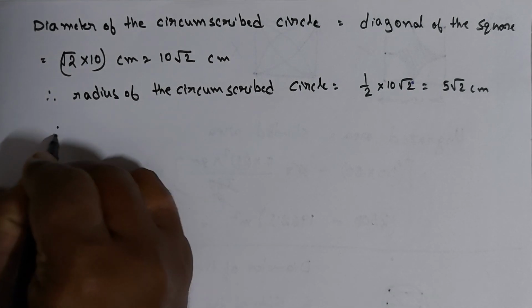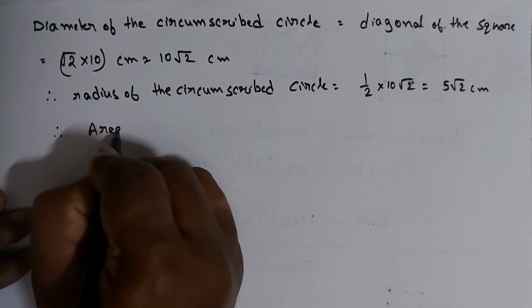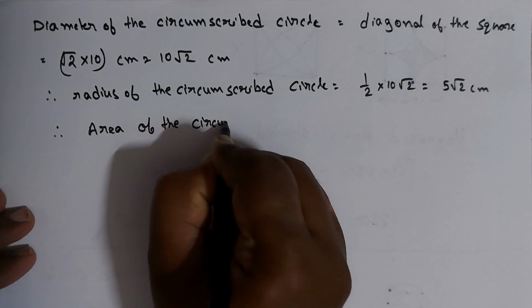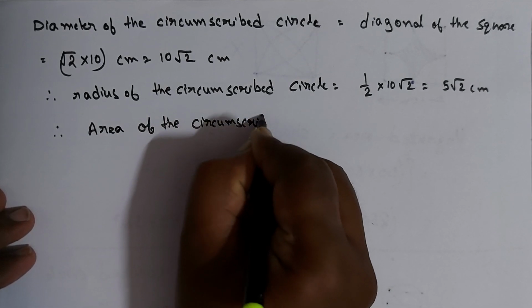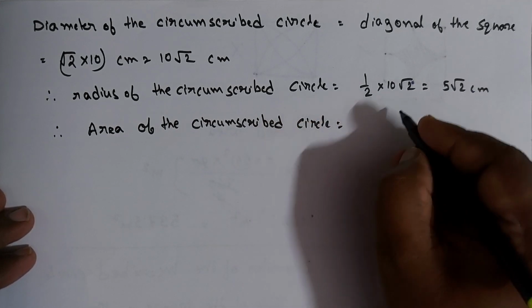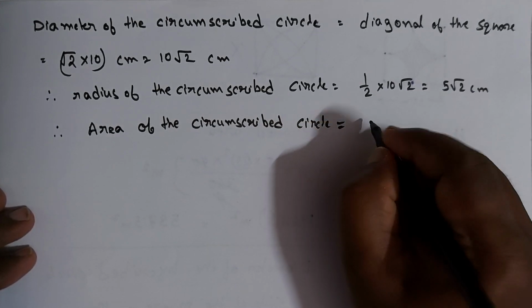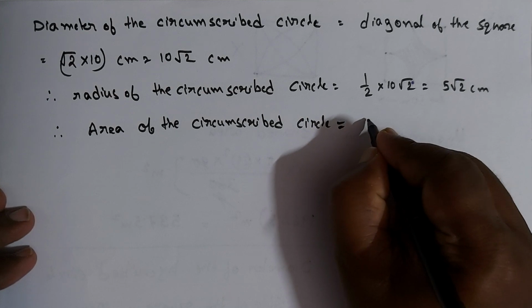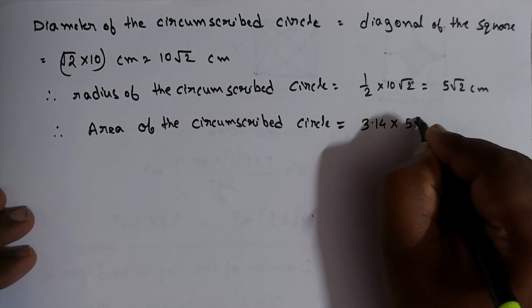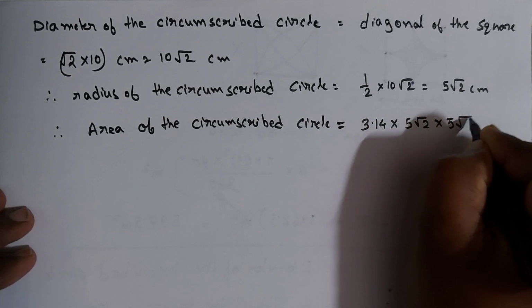Therefore area of the circumscribed circle is equal to pi r square. So instead of pi, we are writing 3.14 into 5 root 2 into 5 root 2.